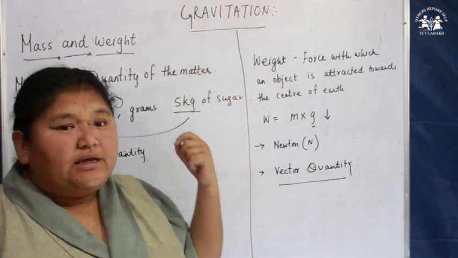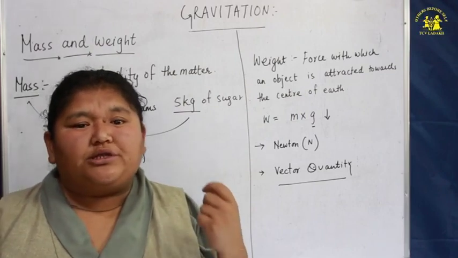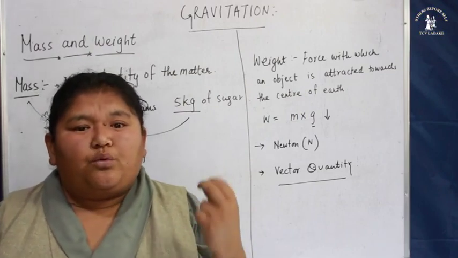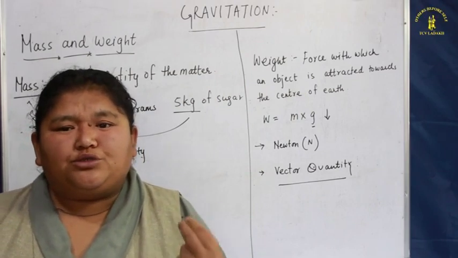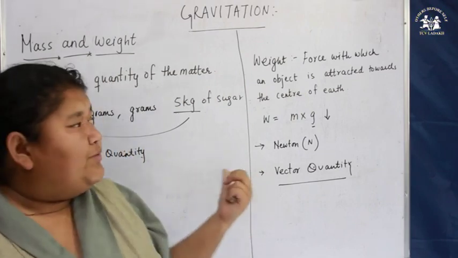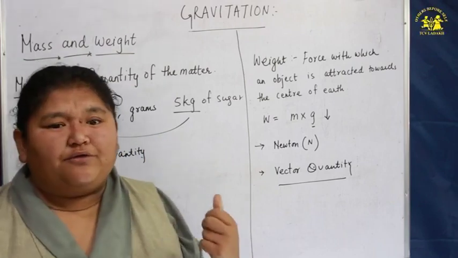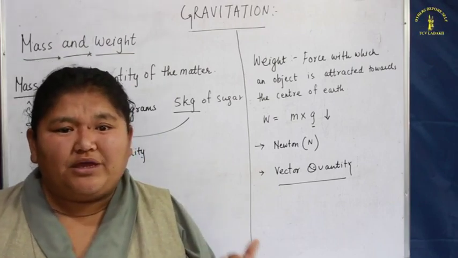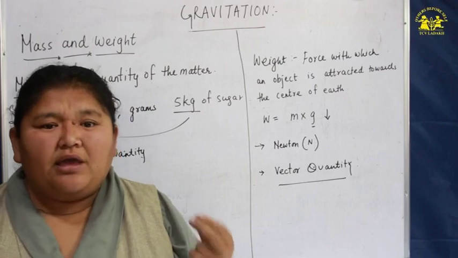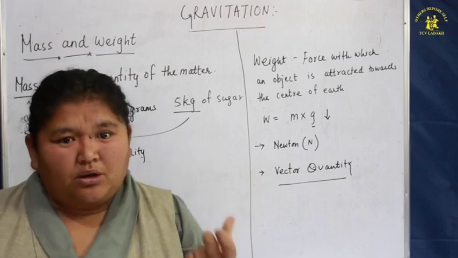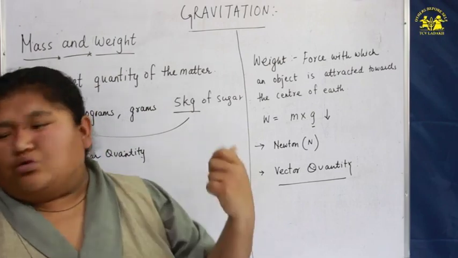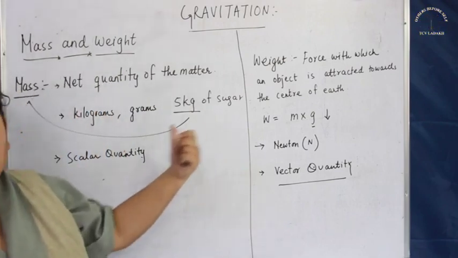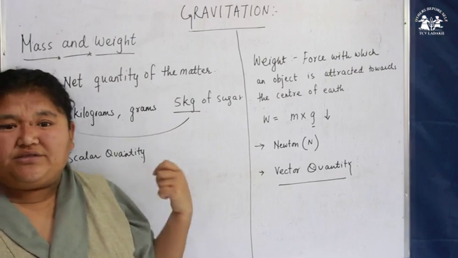Now, in our syllabus we have also been given a condition where the weight of the object on earth is not the same as the weight of the object on moon, right? So we will be discussing the formulas involved in calculating the weight of the same object on earth and moon.